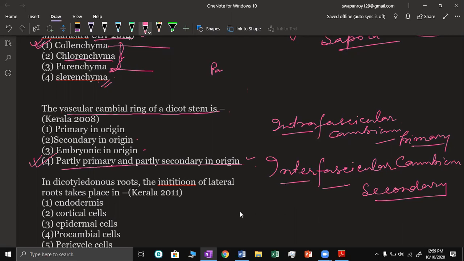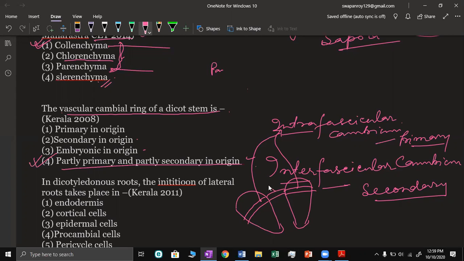Say there are two vascular bundles, here is cambium, here is cambium. This cambium is intrafascicular. But in between these two vascular bundles, the cambium is produced from the primary permanent tissue.